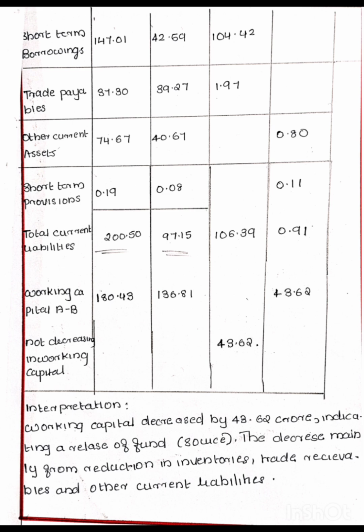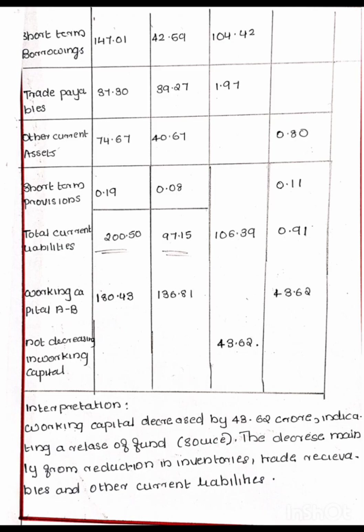Short term provisions 0.19 in the previous year, 0.08 in the current year, decrease in working capital 0.11. Total current liabilities are 200.50 in the previous year and 97.15 in the current year. Increase in working capital is 106.39, decrease 0.91.